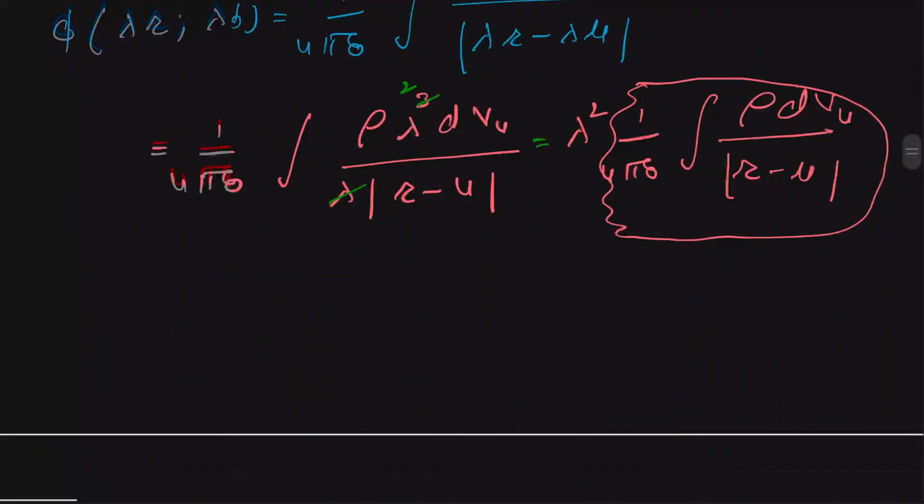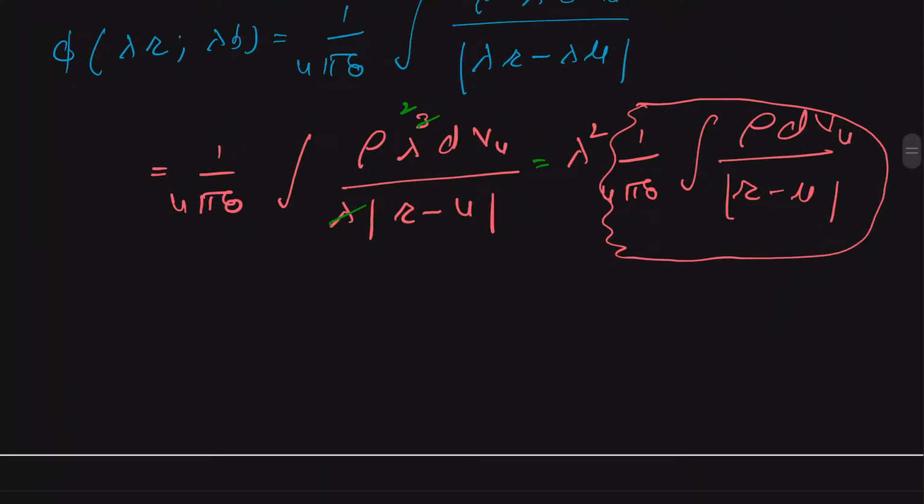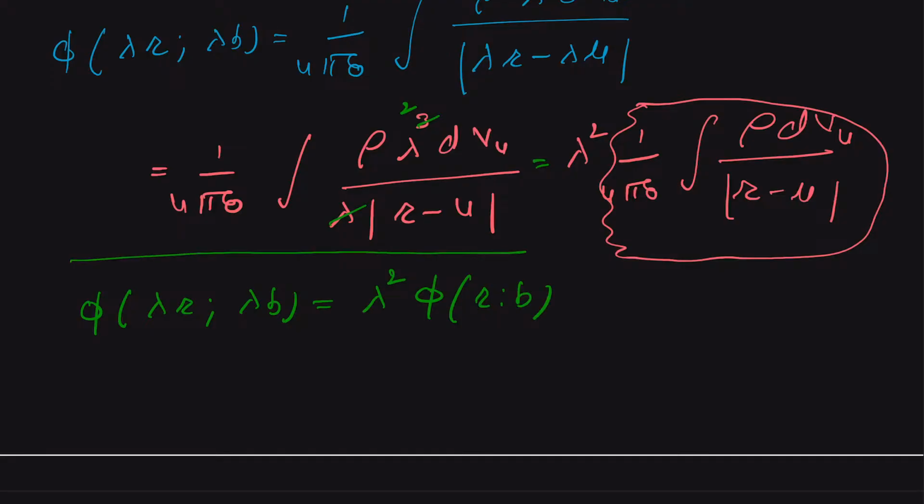Therefore, we can write that phi of lambda r, lambda b will be equal to lambda square phi of r, b. So we found the relationship between the scaled version of our cube and the original cube.